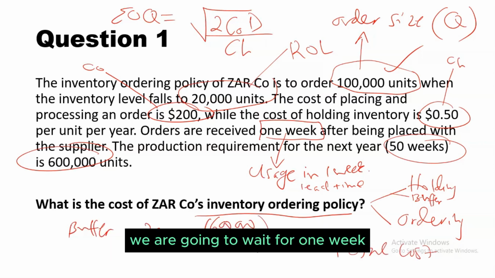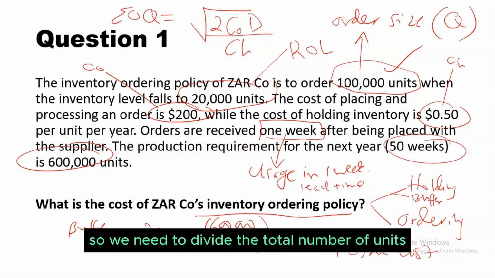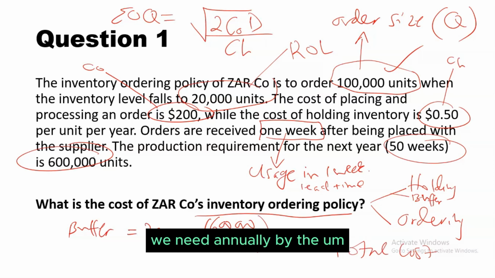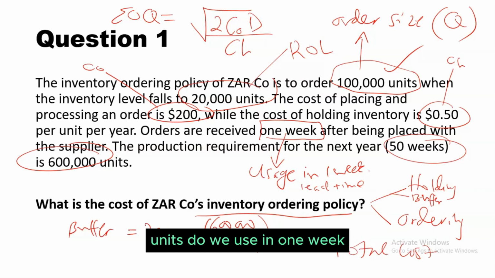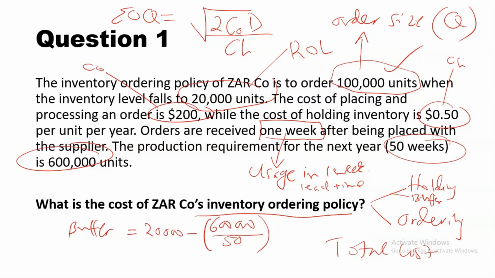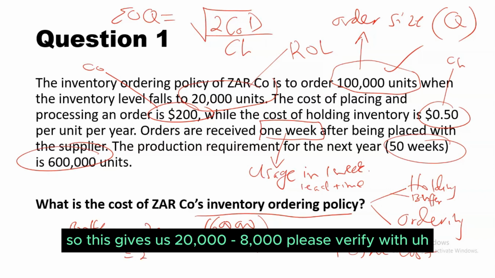Remember, we are going to wait for 1 week. So we need to divide the total number of units we need annually by the total number of weeks for us to determine how many units we use in 1 week. So this gives us 20,000 minus 8,000.